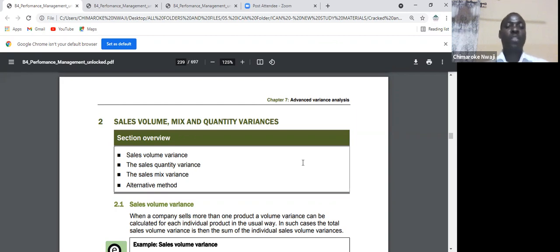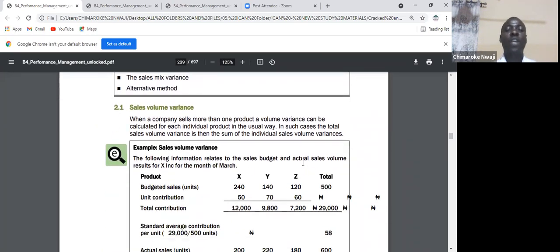Now let's go to something that looks like what we've just done: sales volume, mix and quantity variance. See here, the yield has changed to quantity variance. Now let's look at the sales variance. When a company sells more than one product, a volume variance can be calculated for each individual product in the usual way. When we are doing sales variances, we have volume variance and price variance.